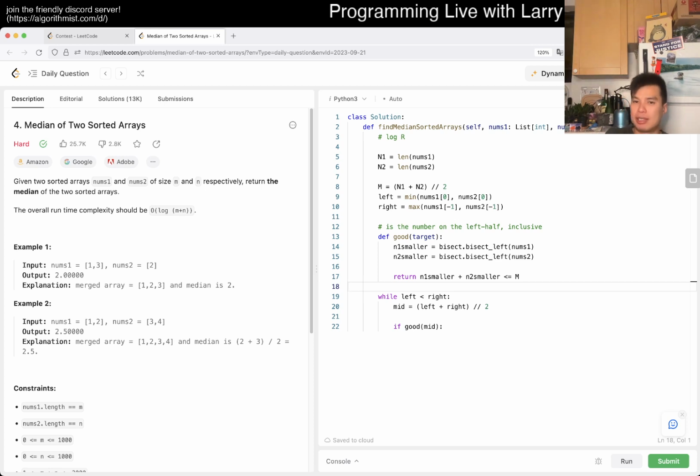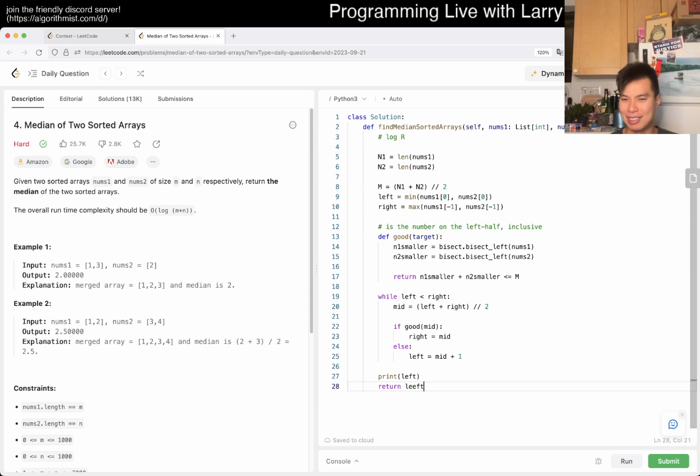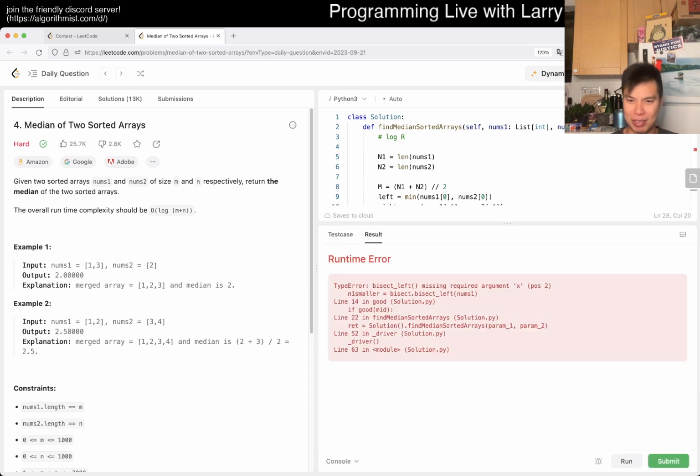So we want the smallest number where this is true, I think, right? So if this is true, then we want a smaller number. Otherwise, we try a bigger number. I don't think this is it. Wow, man, I didn't expect this to be that hard or annoying. Anyway, I'm just running it real quick.